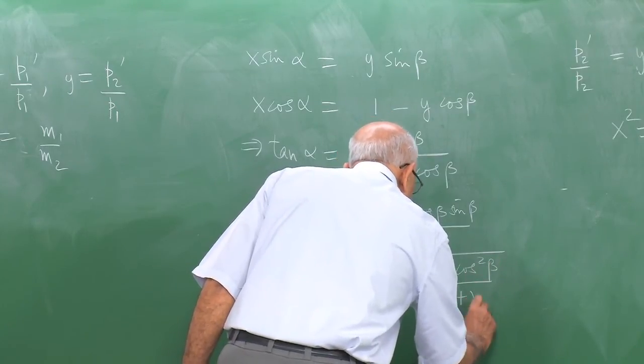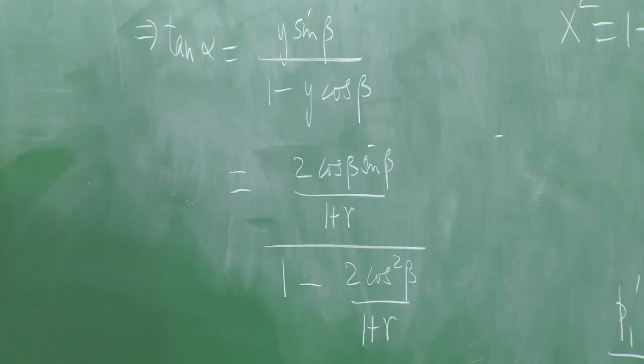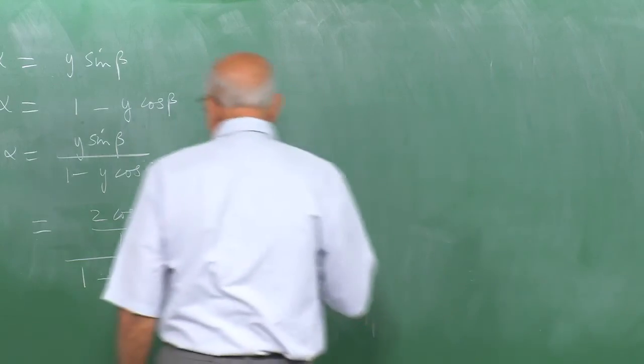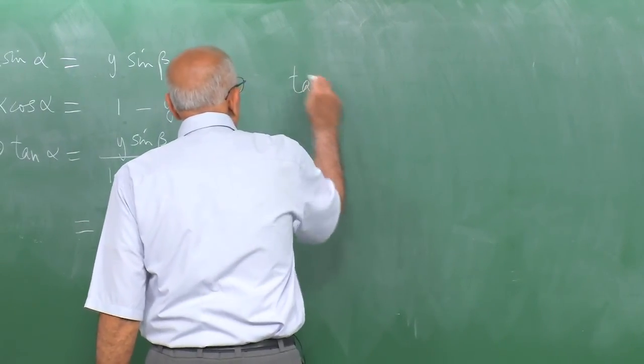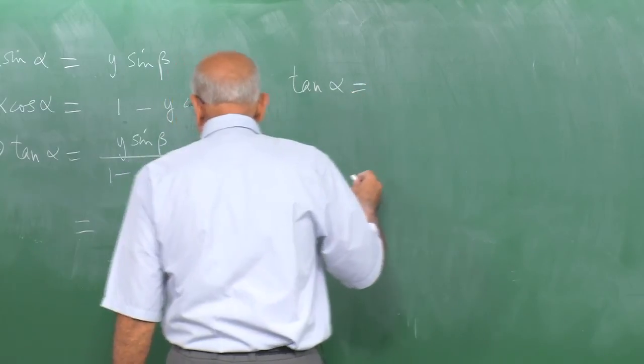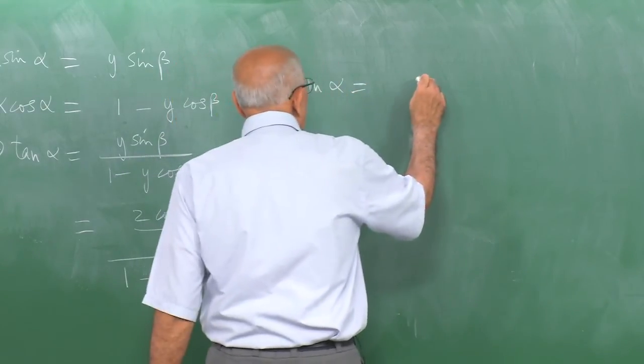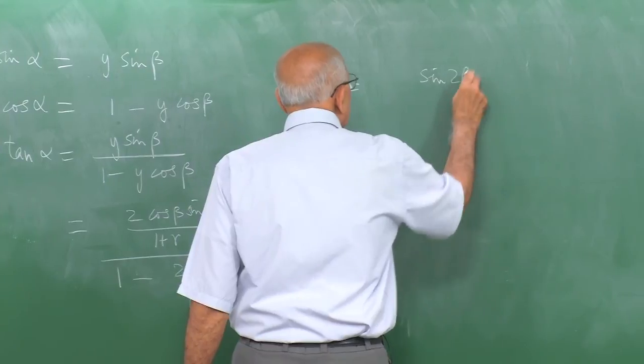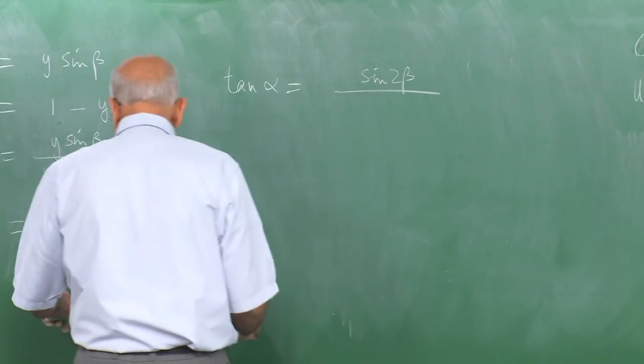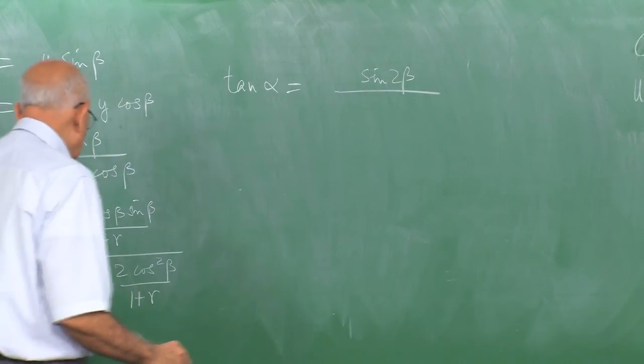So therefore tan alpha is equal to 2 cos beta sine beta, which is sine 2 beta, divided by 1 plus r minus 2 cos squared beta.